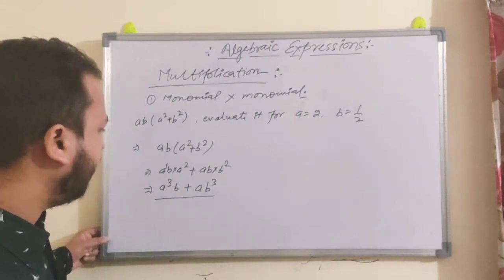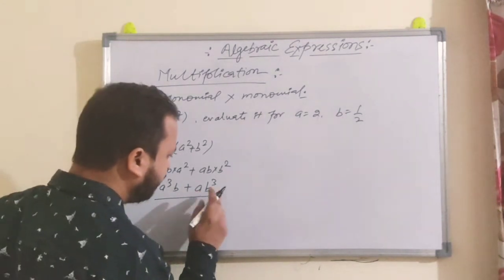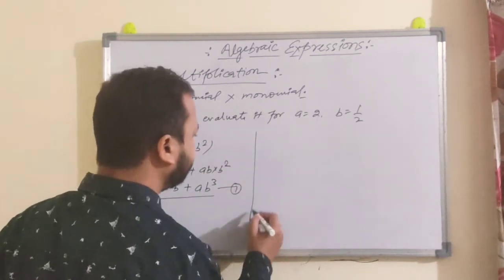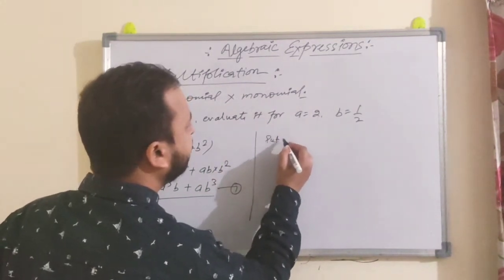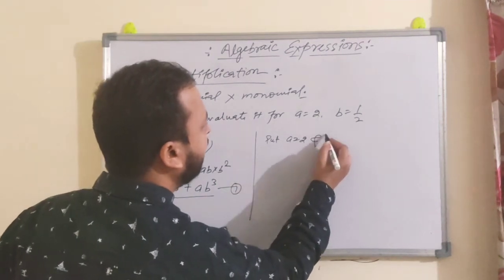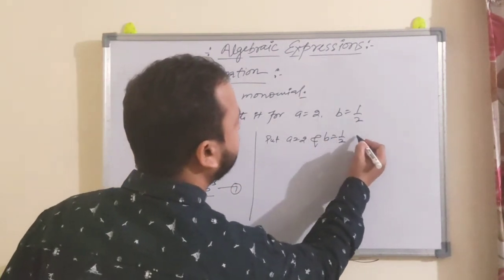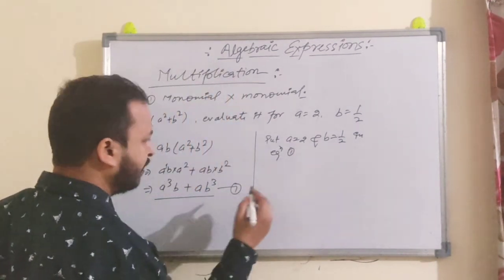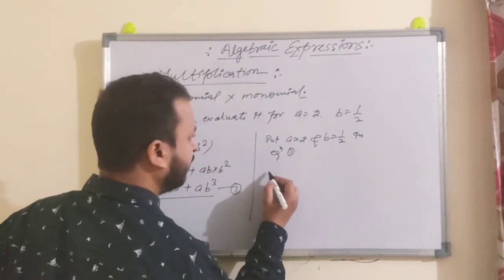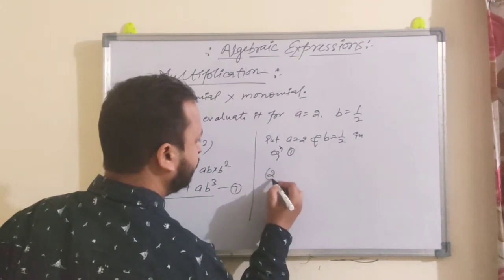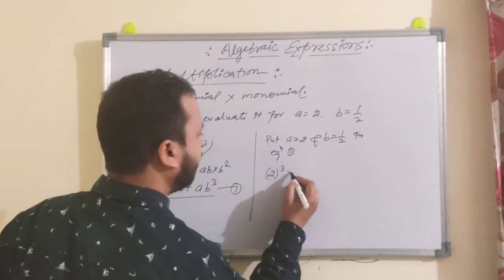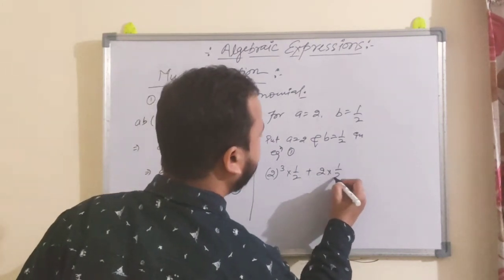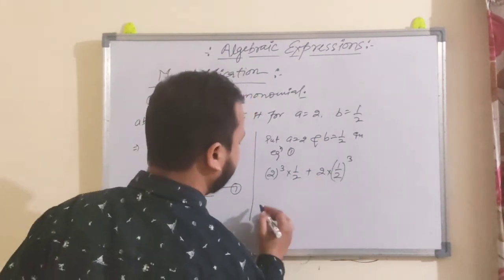Now we have to evaluate it. So here we are going to put these values. If this is equation 1, put A is equal to 2 and B is equal to 1 by 2 in equation 1. So 2 cube into 1 by 2 plus 2 into 1 by 2 whole cube.